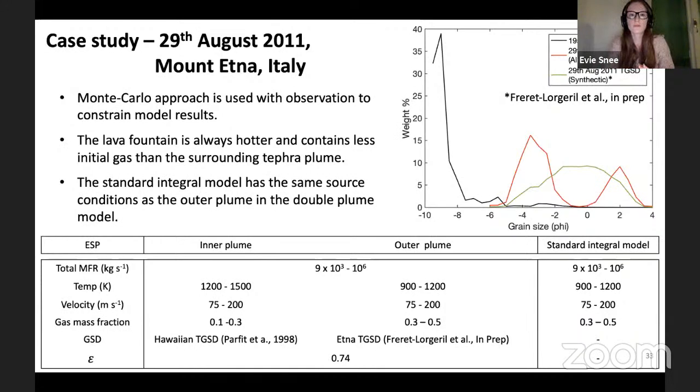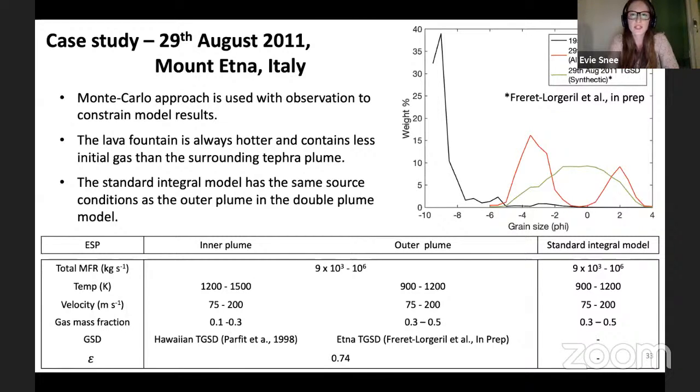We're always going to make sure the lava fountain is hotter and contains less initial gas than the surrounding tephra plume. The standard integral plume model will also be used for comparison, and its initial source parameters are the same as those of the outer plume.